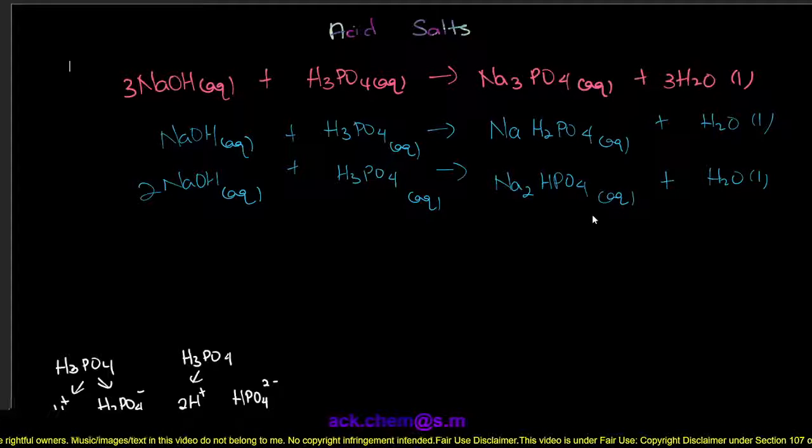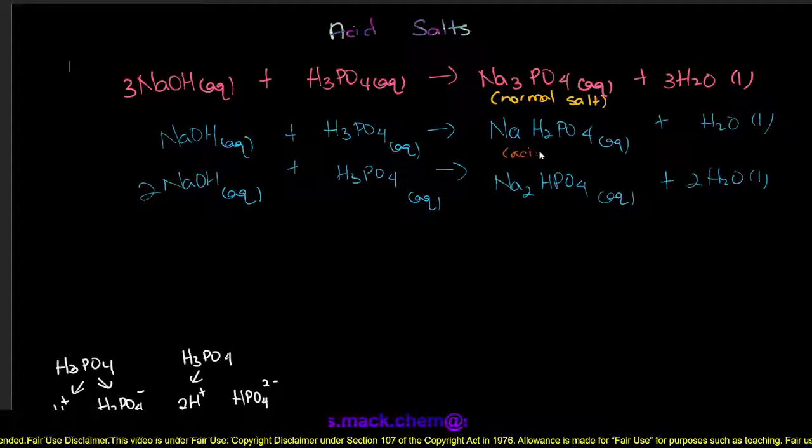Right, so we balance our equation. And these are our three balanced equations which show the formation of both a normal salt and the two possible acid salts to be formed by phosphoric acid.